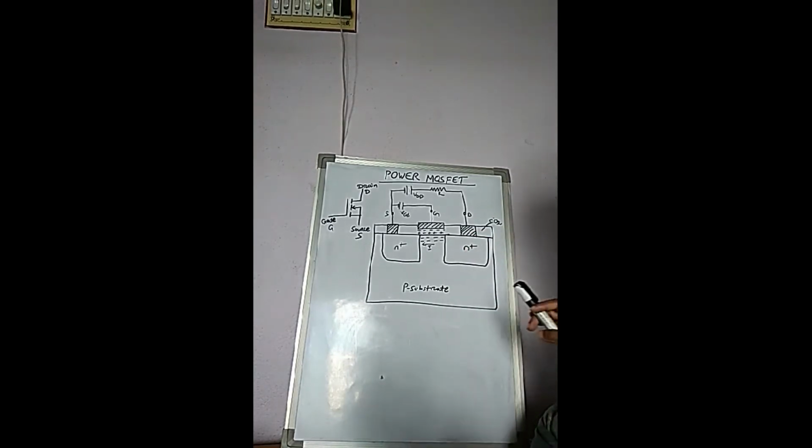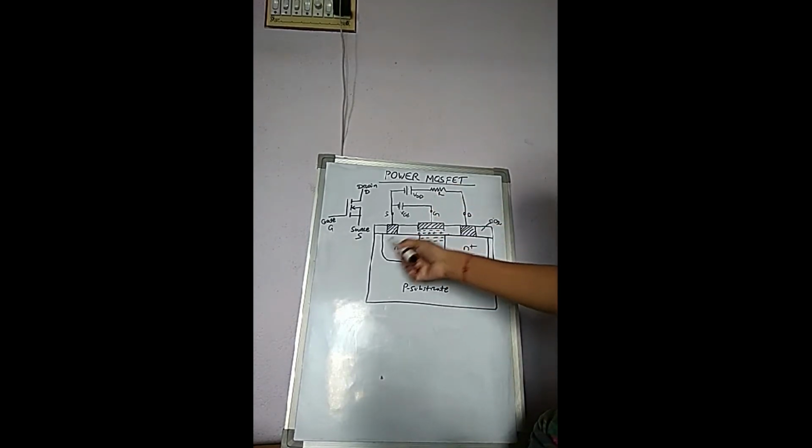See what is there in this constructional diagram. There is one p substrate body, and in this p substrate body, two heavily doped N plus regions are diffused. This is the N plus layer. N plus means this is a heavily doped, highly doped N layer. It is also a highly doped N layer.